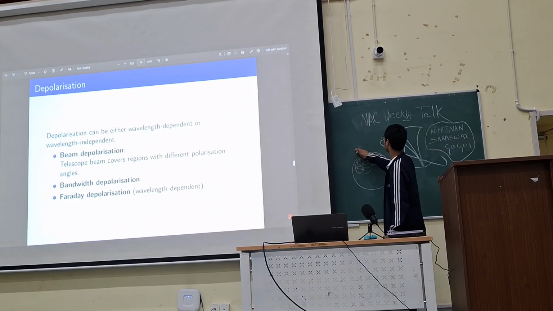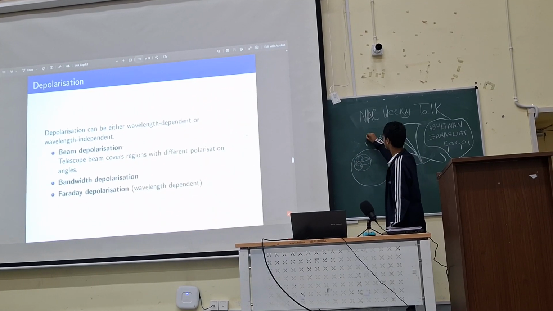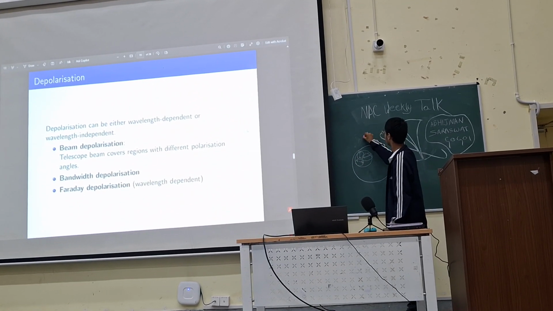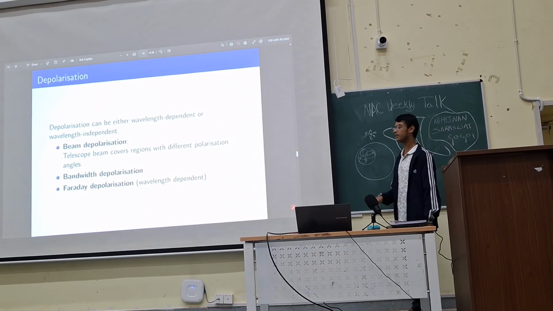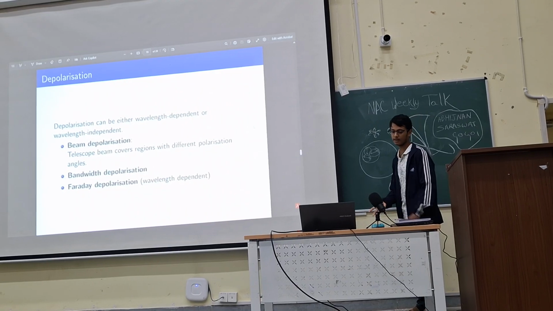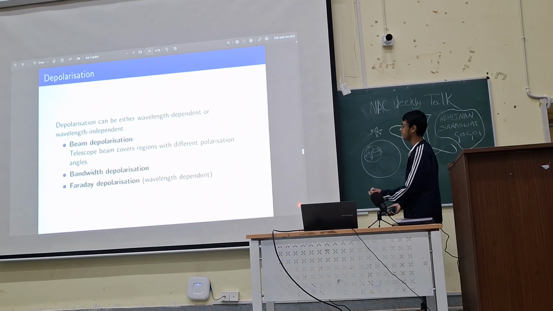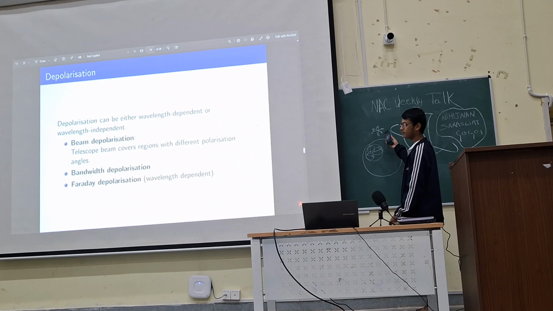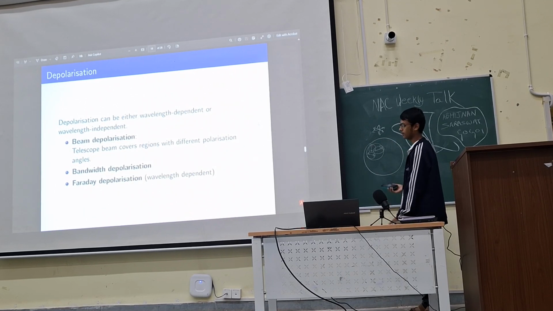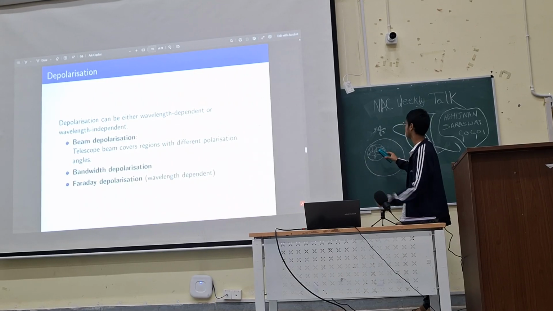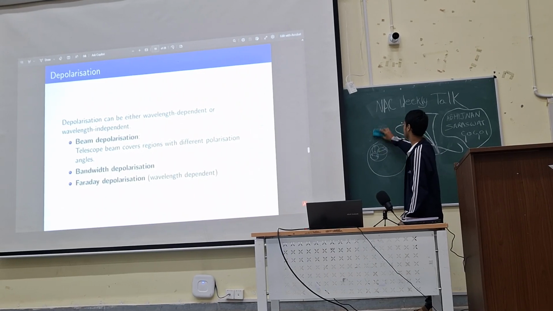So what I will find is that I will get unpolarized light. The light that reaches us, I will not be able to find the polarization angle, because the beam size is too large. That is beam depolarization.